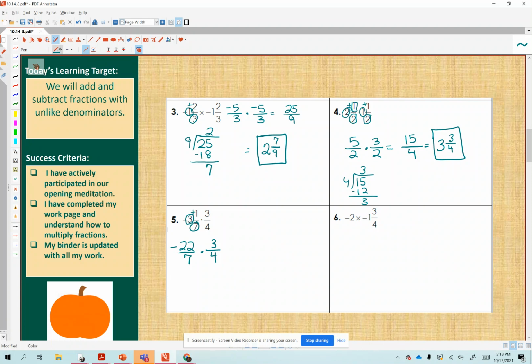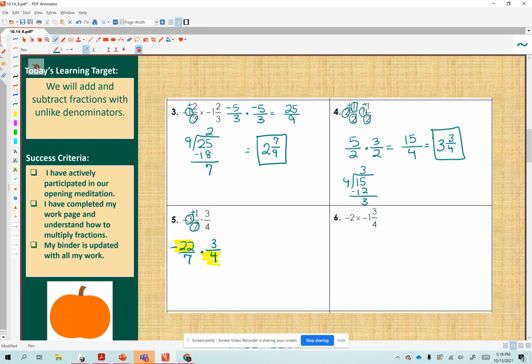Now here is a situation where I can, if I choose to, simplify by dividing a common factor into the 22 and the 4.